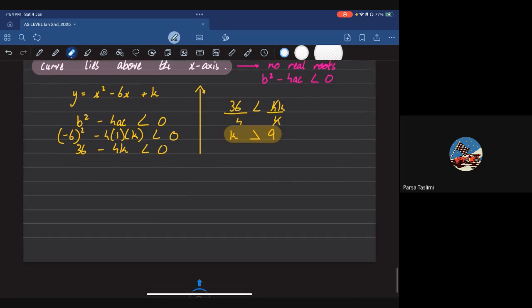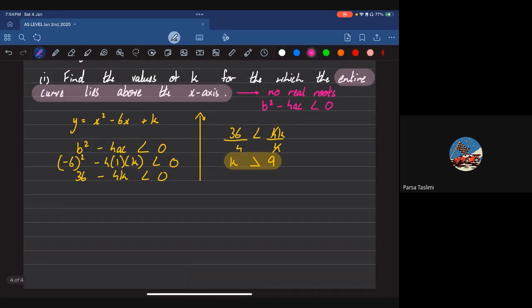And then, for example, the second part of the question is very well tested.